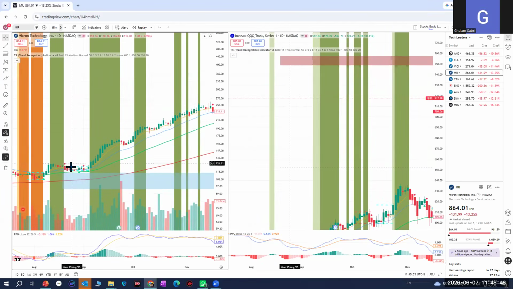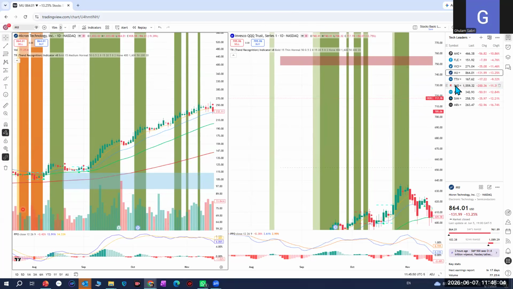This is the power zone breakout. It was a kind of consolidation, a tight range. So basically it's a tight range breakout, and it's likely to give you a bigger move coming out of the break zone. That's what the power zone breakout is.